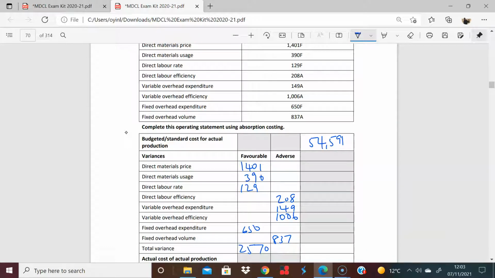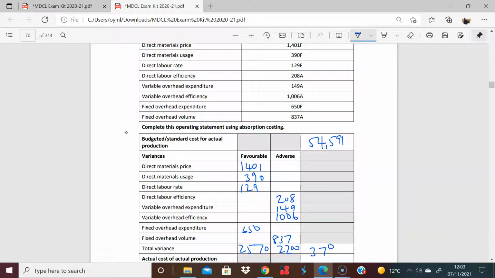And on the other hand, we have 208 plus 149 plus 1,006 plus 837, which takes us to 2,200. So we have favorable 2,570 less the adverse 2,200, so overall a favorable variance of 370.